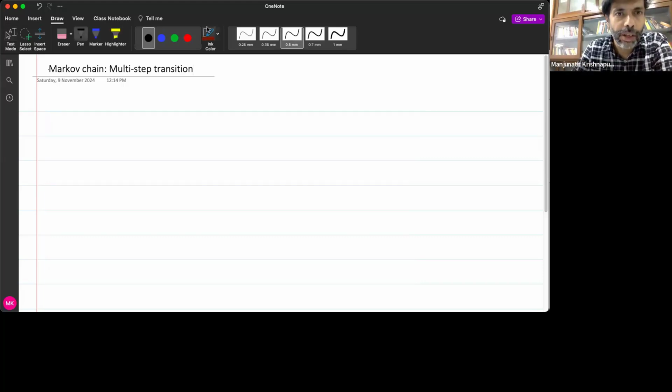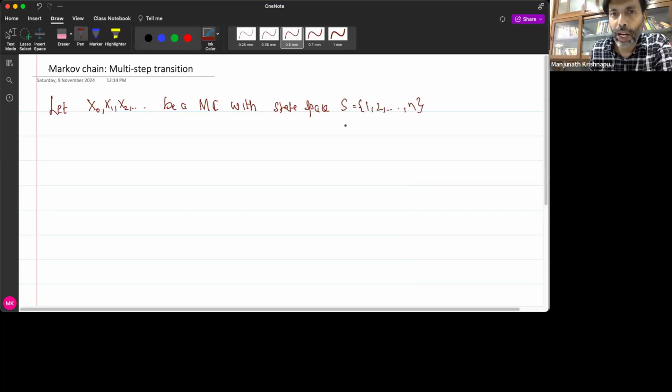Let X be a Markov chain with state space S, which we usually take to be 1 to n, and transition matrix P(i, j), with i, j coming from S. It's an n cross n matrix.